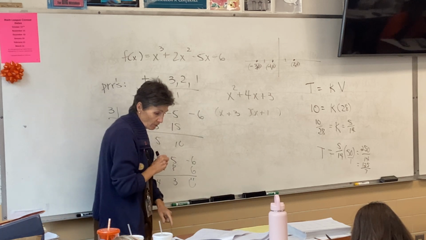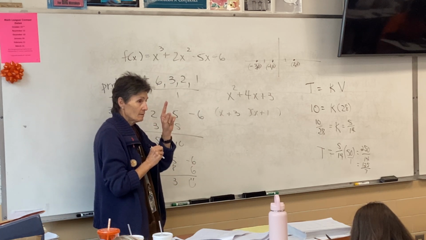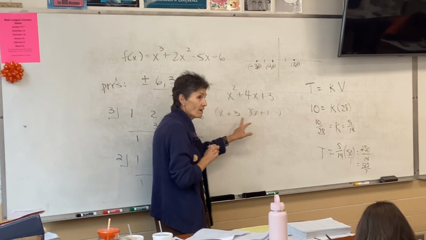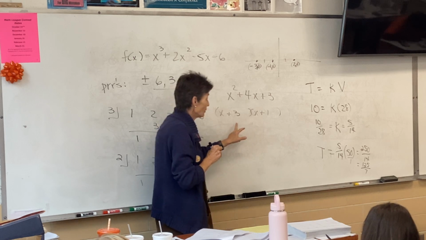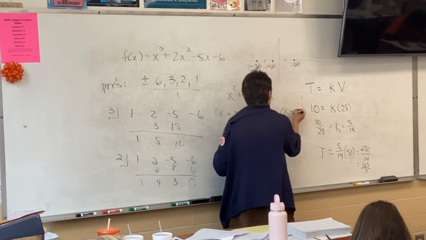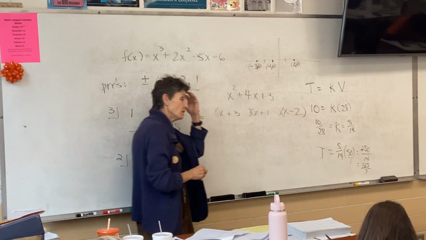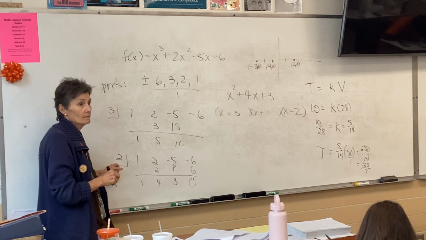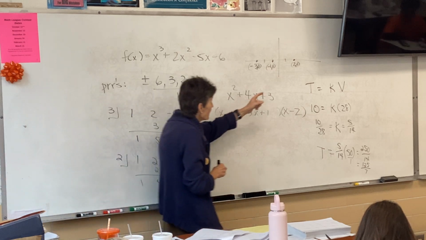Now be careful, problem B says find the factors. Are these 2 of the factors right here? They sure are. What's the third one? x minus 2, very, very good. Where did the third one come from? Our guess, right? That's why I put a dot up there.